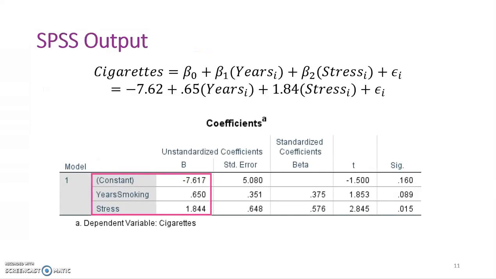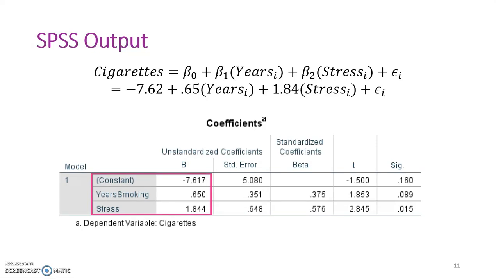This is what the SPSS output looks like, from the coefficients table, and I've also given you the regression equation that corresponds to this model. We can see that the intercept is negative 7.62, the years smoking coefficient is positive 0.65, and the stress coefficient is positive 1.84.